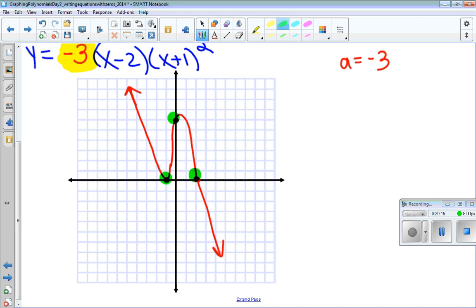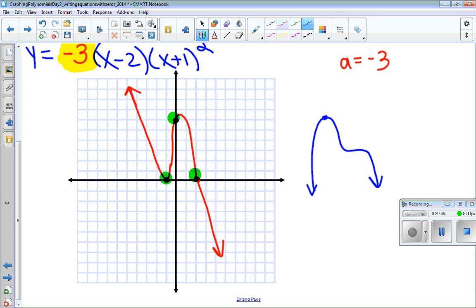Would you agree? So when I have a multiplicity of 2, it kisses the axis. There's another multiplicity sometimes you can have. What would a multiplicity of 3 do? It means that factor happens 3 times. It's a flattening out point in the graph. Remember how sometimes the graphs look like that, right?